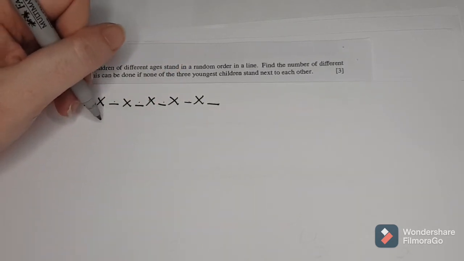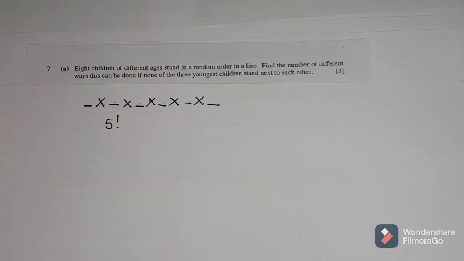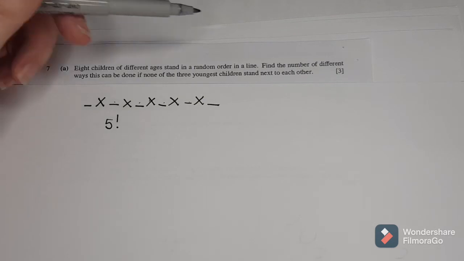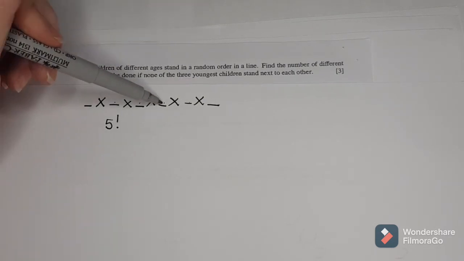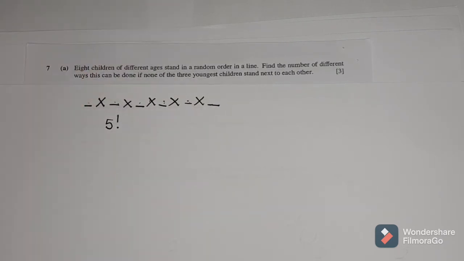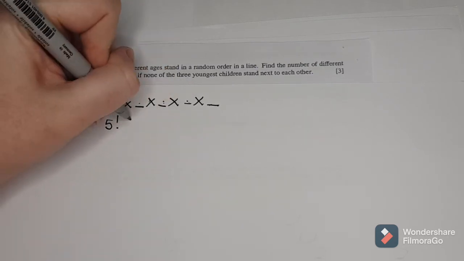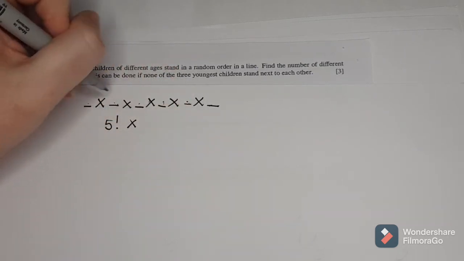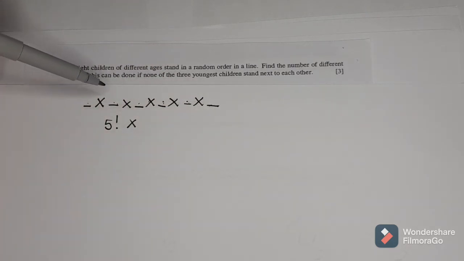So if there's 5 places for the 5 children, that means it's going to be 5 factorial. But then the 3 younger ones, there's only 3, but they could stand in all of these other open spaces. And there's 1, 2, 3, 4, 5, 6 different spaces there. So out of the 6 spaces, because they're in a line, it means there's order to them.